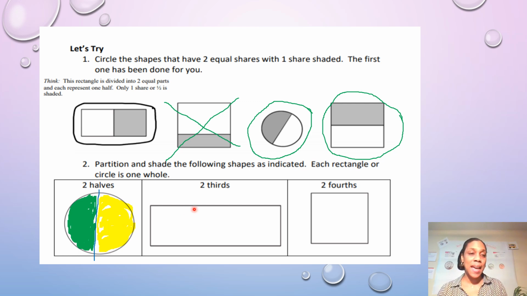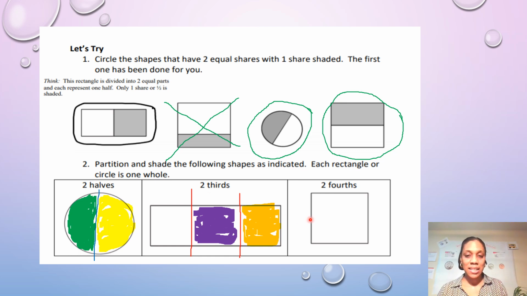Let's go to the next shape. It says 2/3. So thirds mean that I'm going to divide it into 3 equal parts. 2 tells me how many I'm going to color in. So I divided into 3 parts, part 1, part 2, part 3. Then I colored in 2 of those parts, 1, 2.